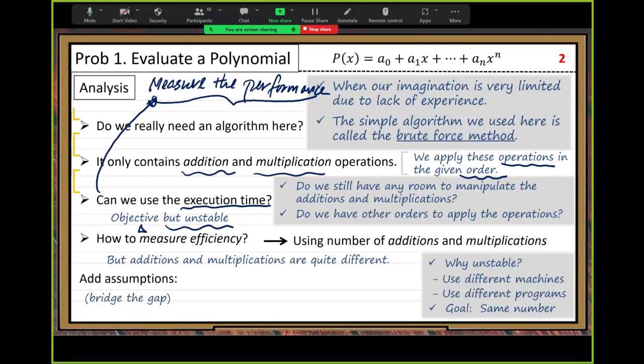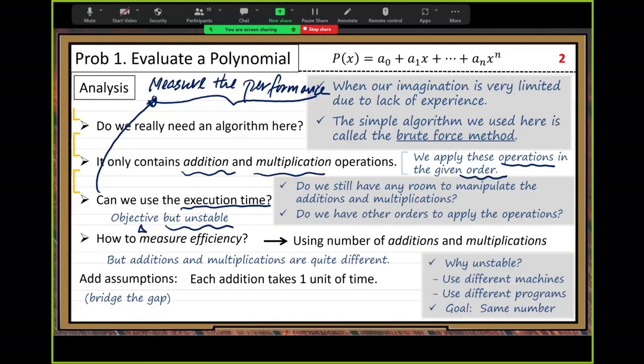In order to bridge the gap between addition and multiplication, the difference in their execution times, we make some reasonable assumption based on the real world situation. So what's that?